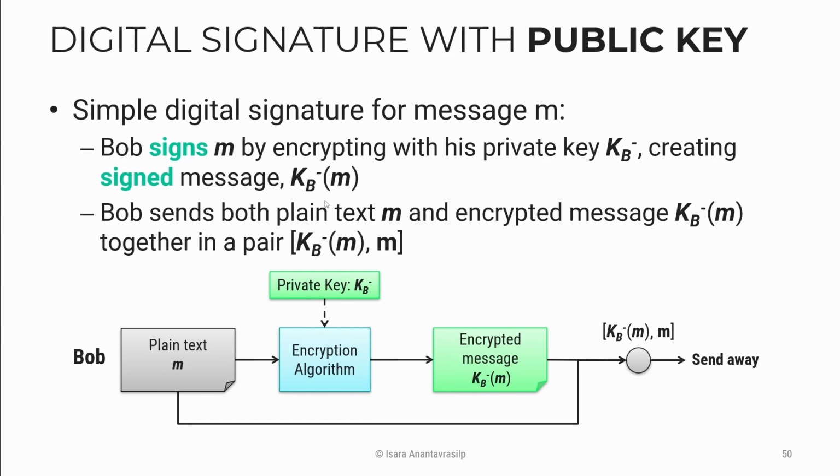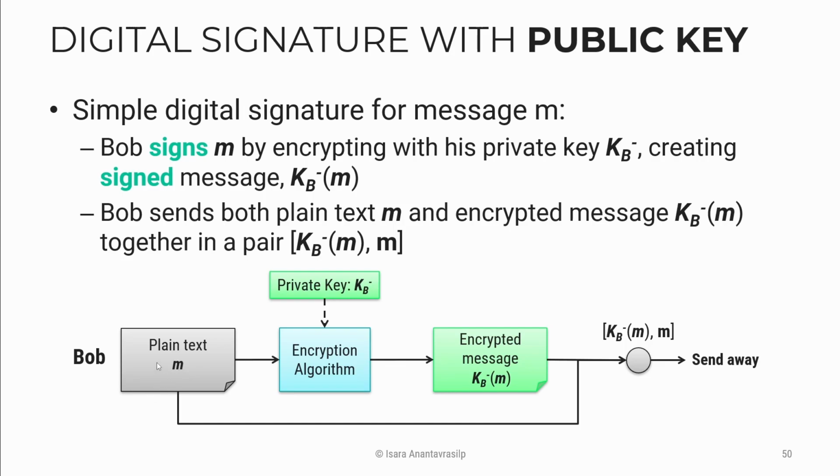First, he encrypts the plain text or original message M using his private key, resulting in an encrypted message K_B^-(M), or in this case we call it a signed message K_B^-(M). And second, Bob will send both the plain text M, the original text that he wants to send, along with the signed message K_B^-(M), as a pair: K_B^-(M) and M.